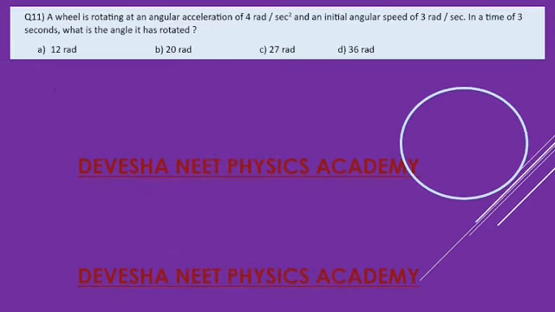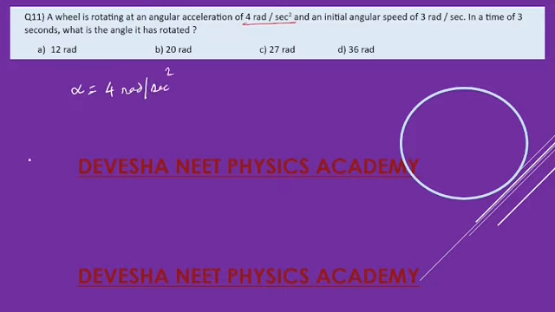A wheel is rotating at an angular acceleration of 4 radians per second square. So angular acceleration is given as alpha equal to 4 radians per second square.